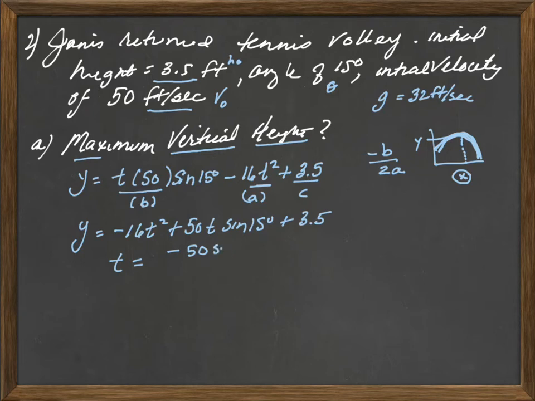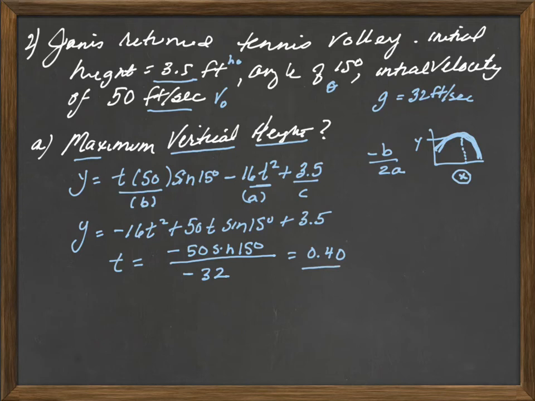Negative 50 sine 15 degrees over 2 times a. So that would be negative 16 times 2, which is negative 32. So if you punch that into your calculator, you should get 0.40. We'll just go to 2 decimal places with this. So that's the time that it took to reach the tallest point.